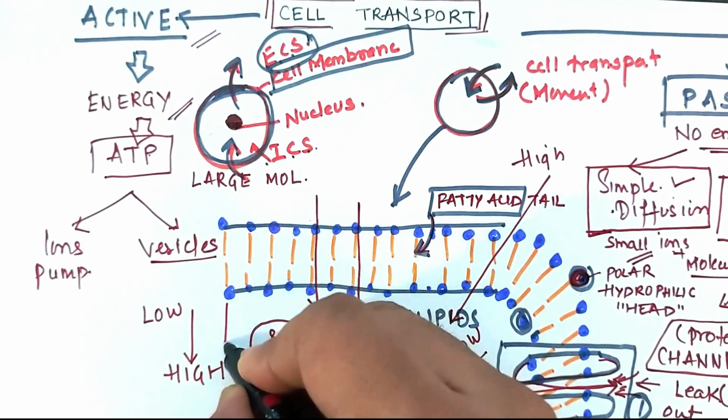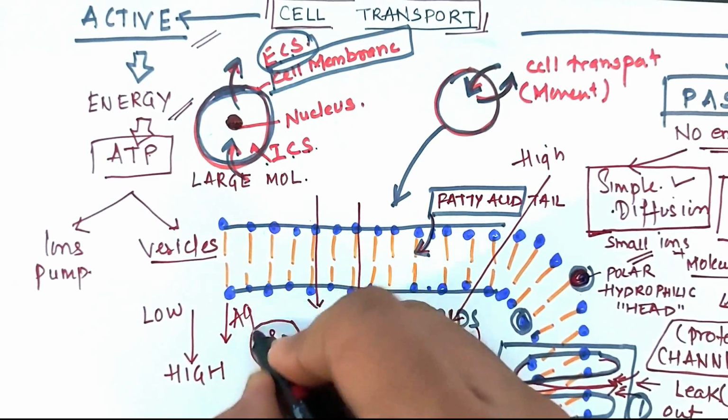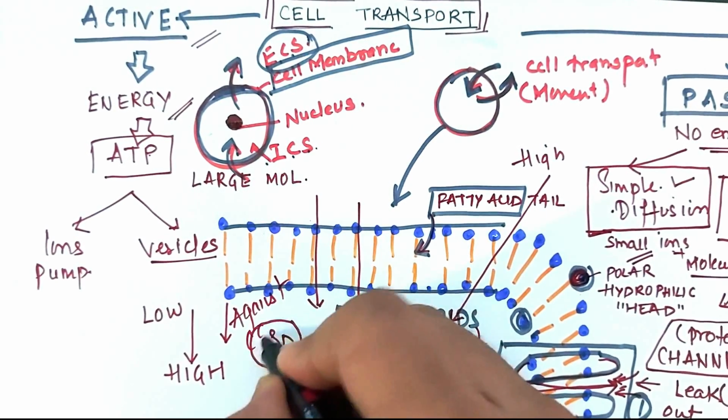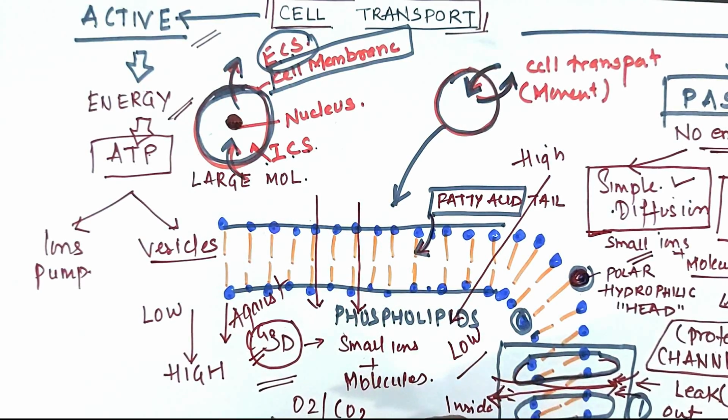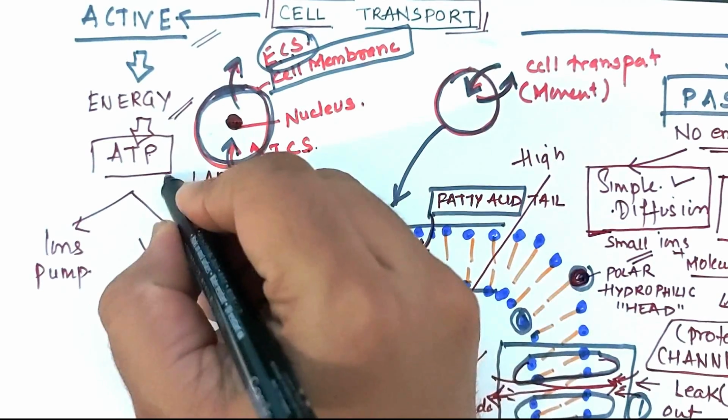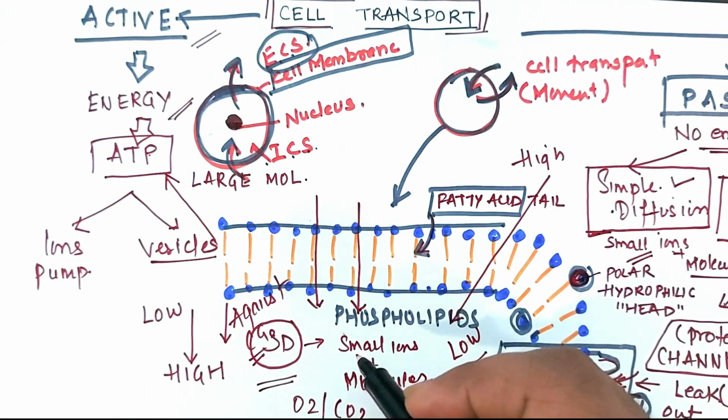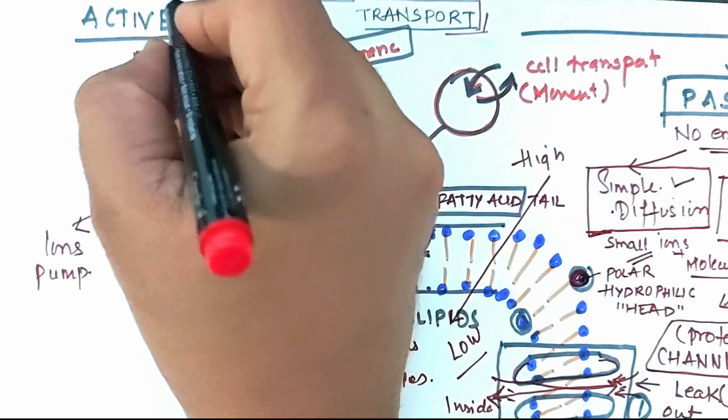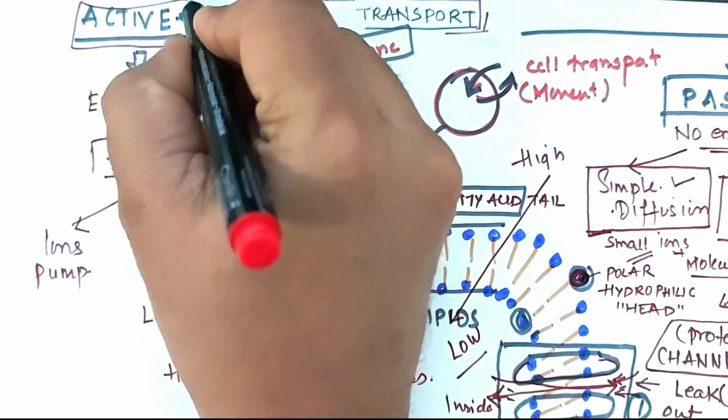That means they are moving against the concentration gradient. And to move anything against the concentration gradient, you need energy in the form of ATP. And that's where active transport comes into the picture.